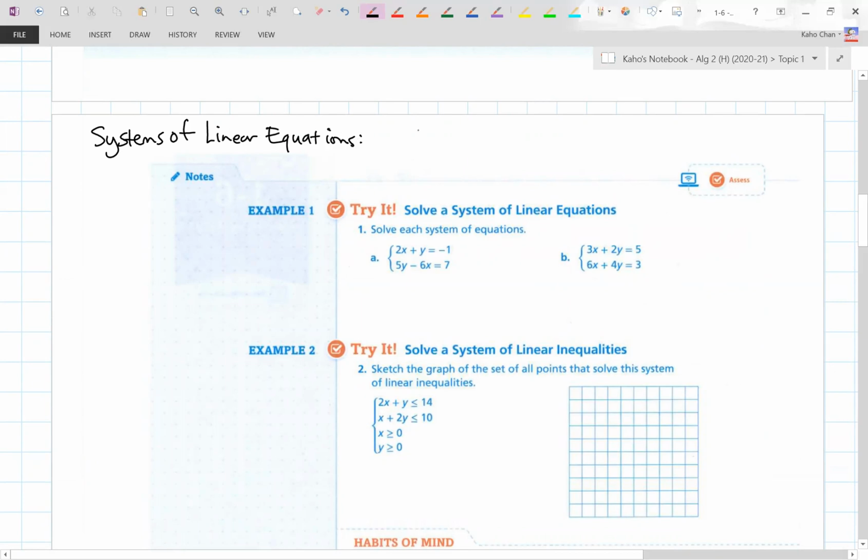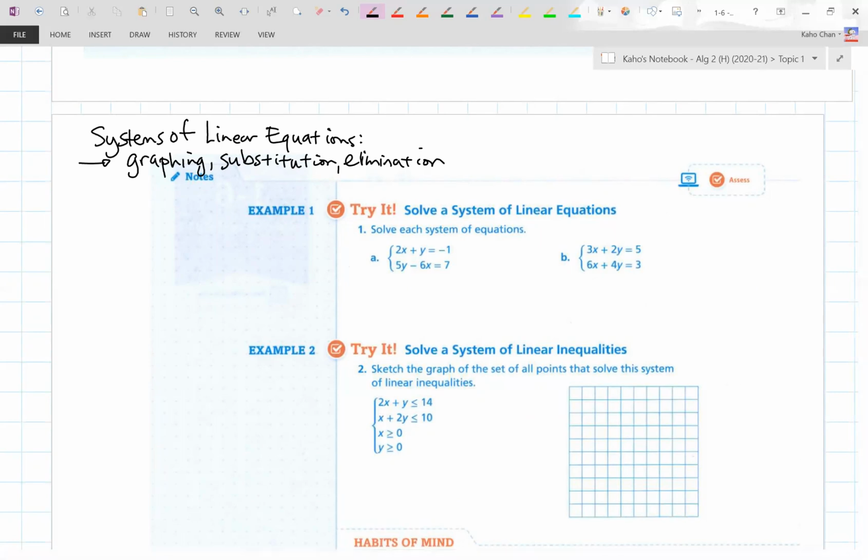They included graphing, substitution, and elimination. Each one has its advantages and disadvantages, depending on how complex the problem is. We're going to jump into example 1a and try one of these techniques.